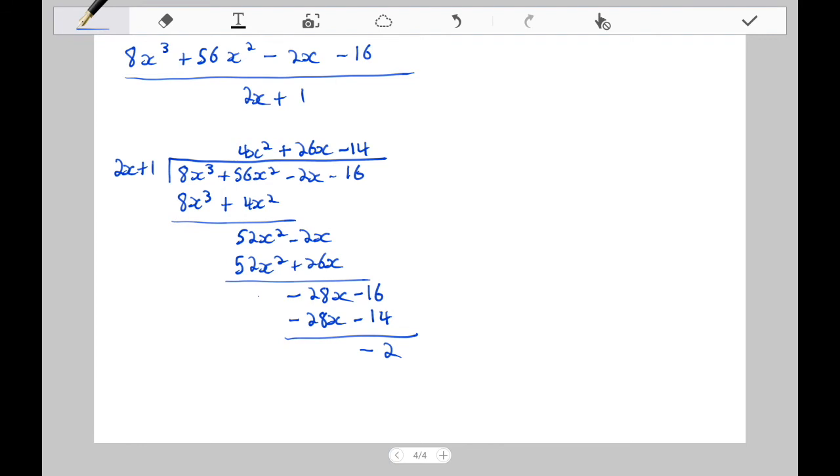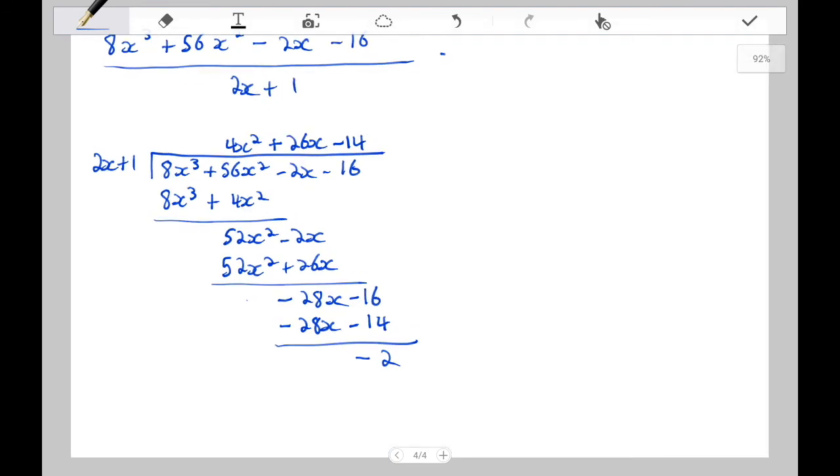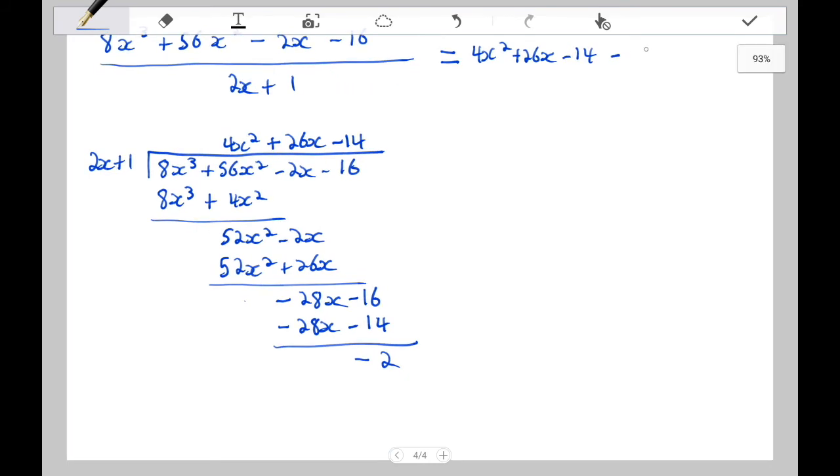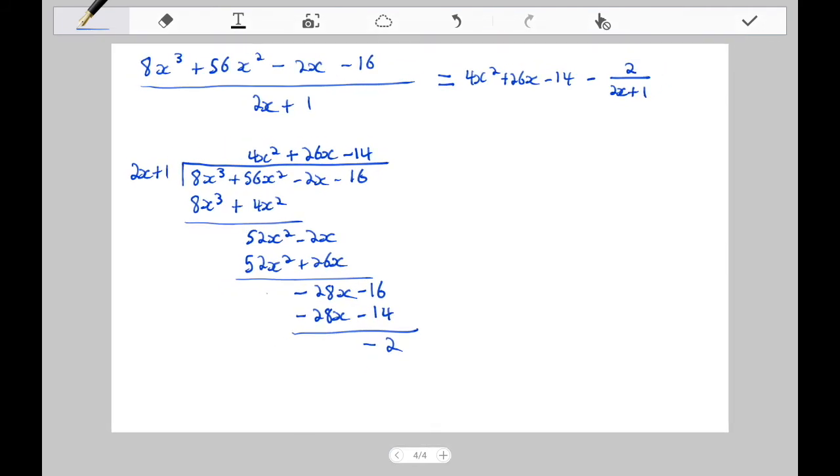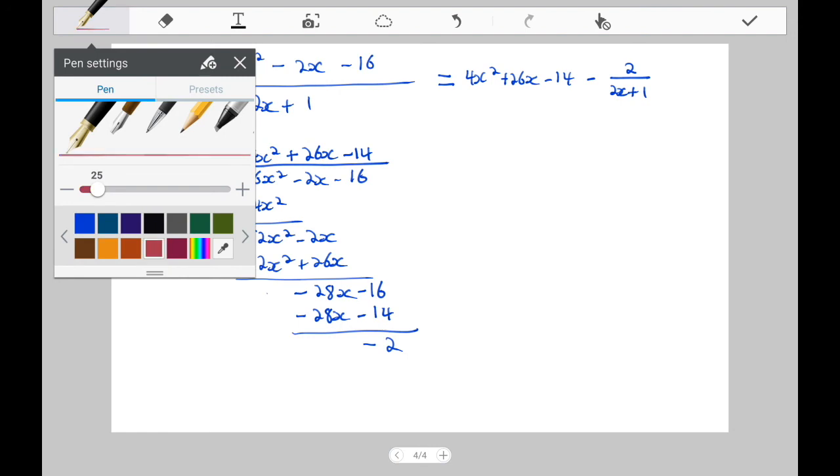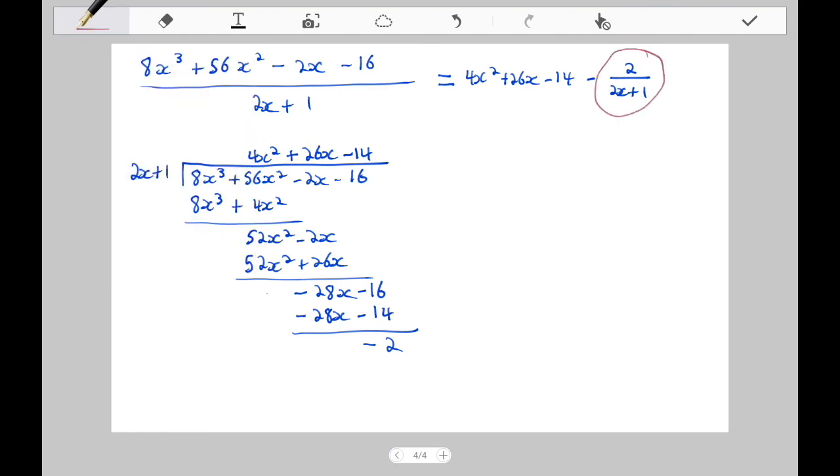But what we say instead is this at the top. We have this fraction reduces to 4x squared plus 26x minus 14, and then we've got minus 2 over 2x plus 1. Okay, this minus 2 over 2x plus 1 is really, really important.